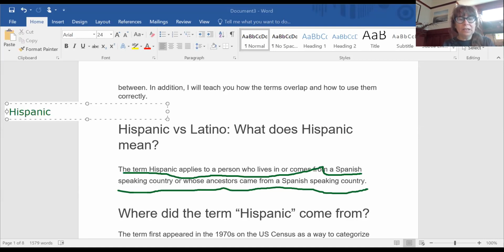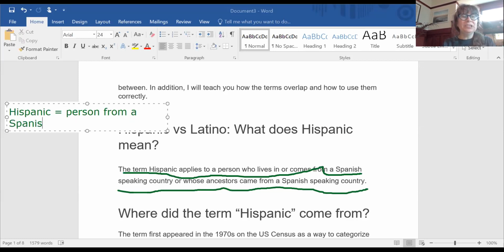Hispanic equals person from a Spanish-speaking country.